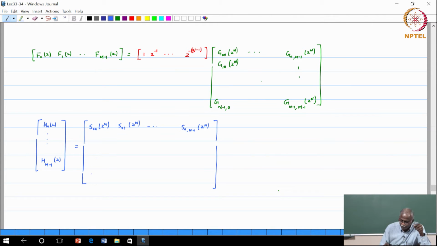The last one is Sm minus 1 comma 0 z power n dot dot dot. The last one is Sm minus 1 comma n minus 1 z power n, the n minus 1 polyphase component of this. Okay, so basically we have obtained this one.